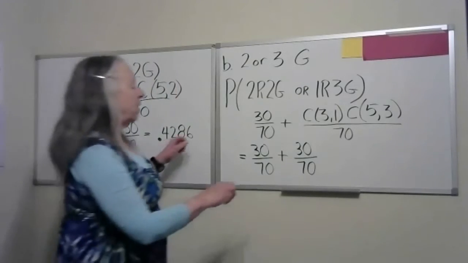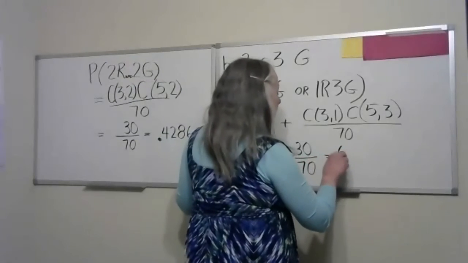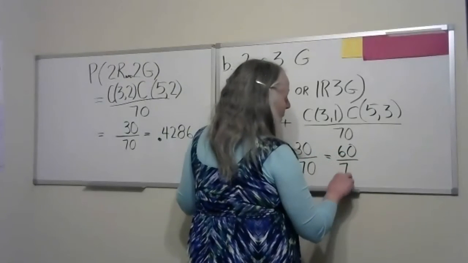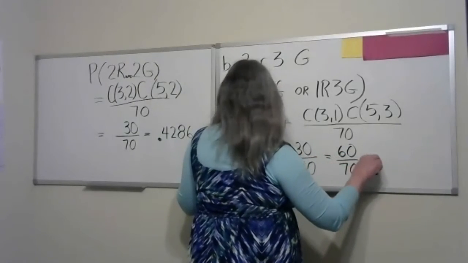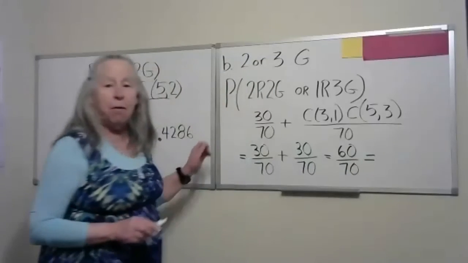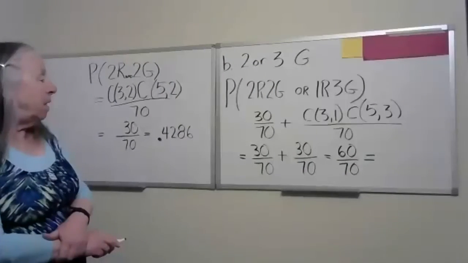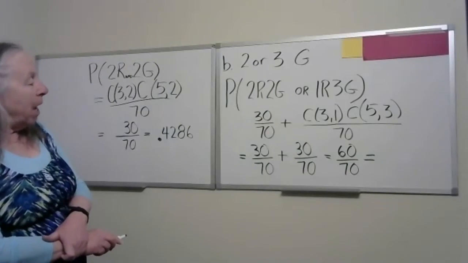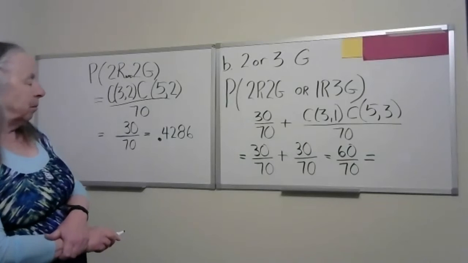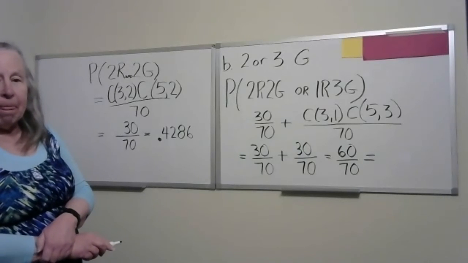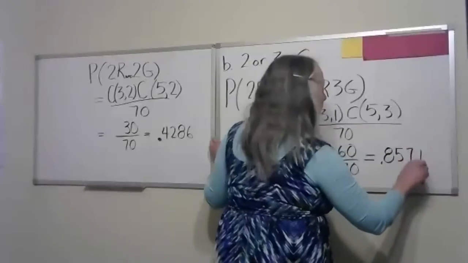So that gives us a total of 60 over 70, which for a 4-place decimal, what are we looking at? I got 0.8571. 0.8571.